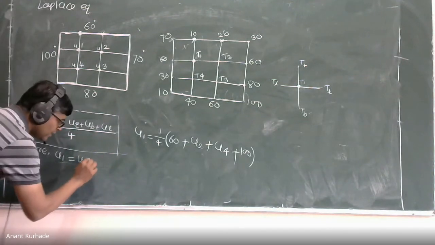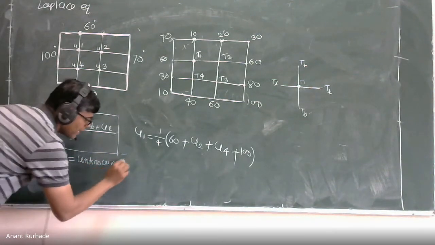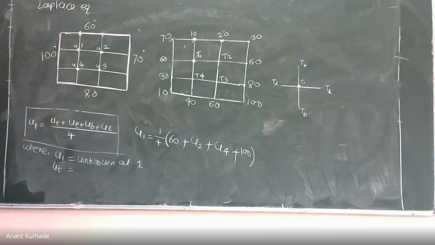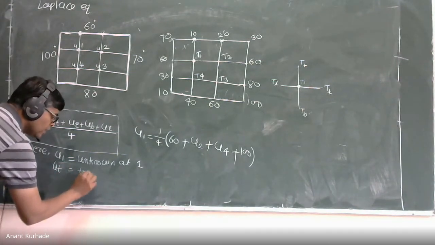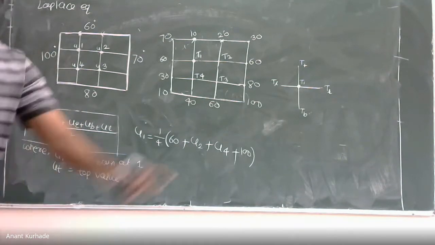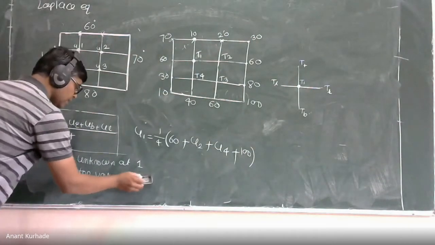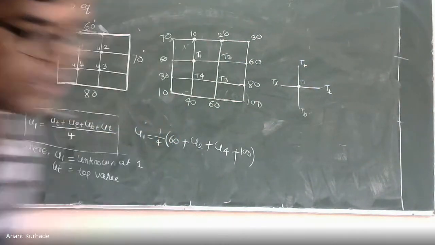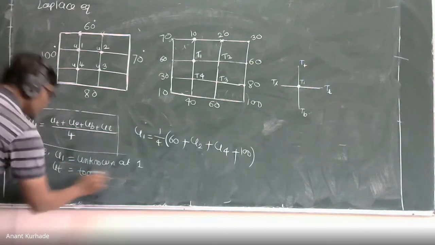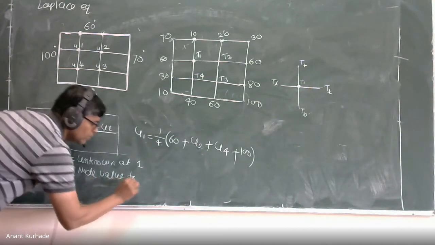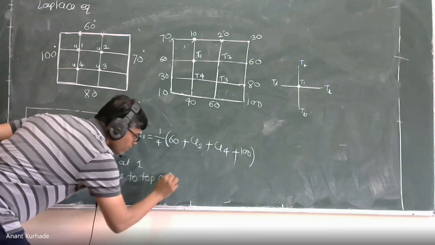Then UT, you can write the top value at 1, or you can say node value to the top of 1.